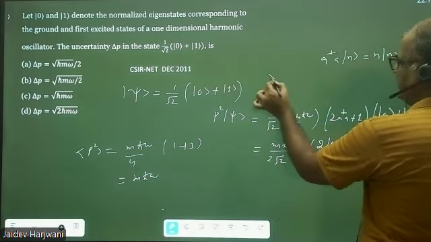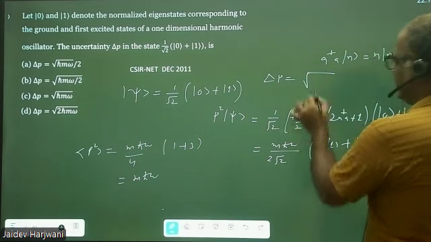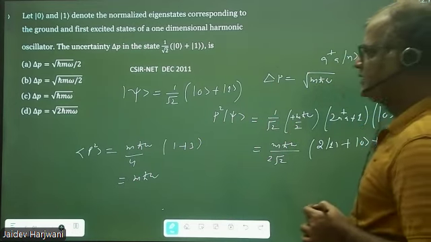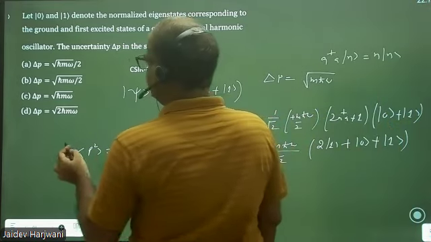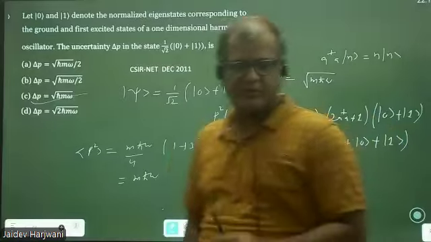Now delta p will be simply the square root of p square, that is the square root of m h cut omega. So C should be the correct answer for this question. Hope you like the solution. Thank you very much.